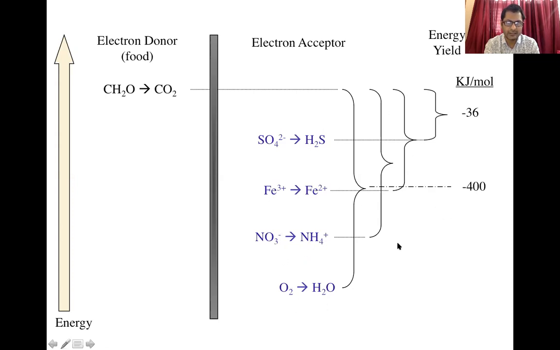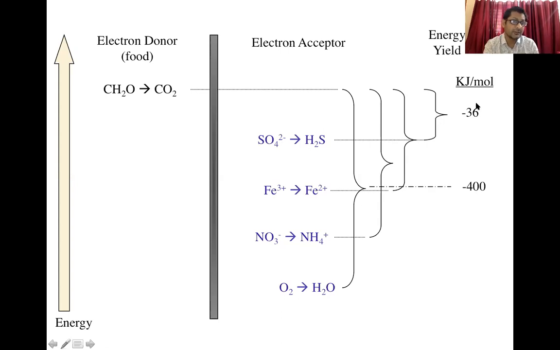You can see the energy released is 436, less than the energy released by reduction of oxygen, but more than the sulfate. Then it is ferric, which is converted into ferrous. And the last one is when sulfate is converted into sulfide in the presence of the electron donor, which is carbohydrates. So carbohydrates is converted into CO2, and when the electron acceptor is sulfate, the energy release is very low, which is 36 kilojoule per mole.